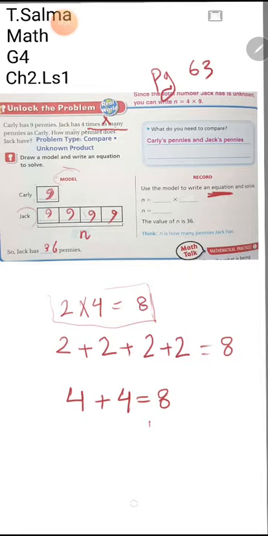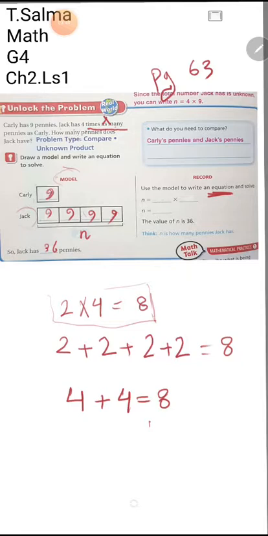But the most common letter that we use is N. So this N, I need to find it. This is the unknown number.